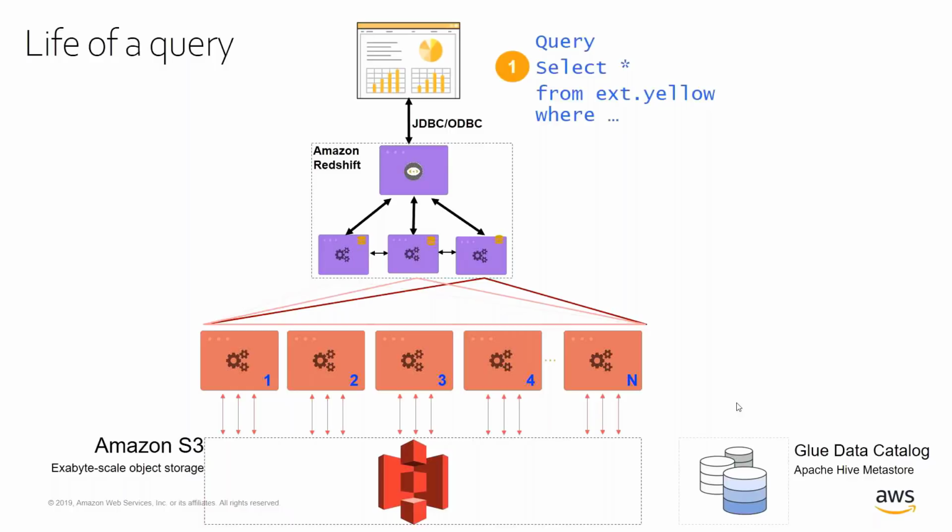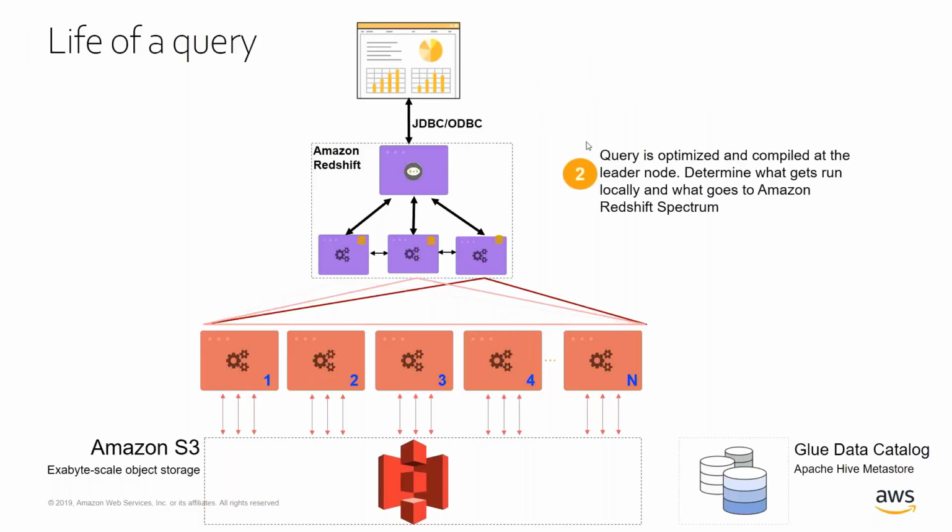So I have a query here, which is select star from one of the previous queries that we have seen. We are going to query a table, an external table, yellow table. So if I'm to issue a statement like this through my BI layer as step 1, this query is sent to the Redshift leader node, which we talked about. That's the place, that's the leader node where all queries are sent to.